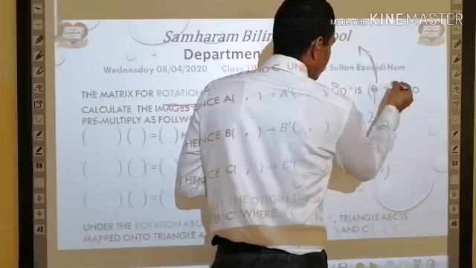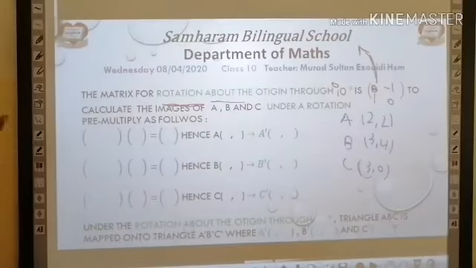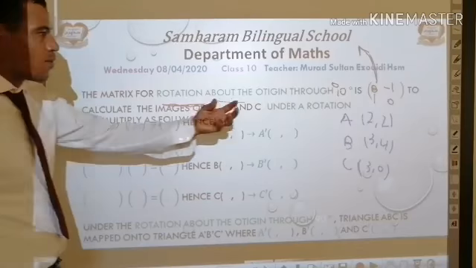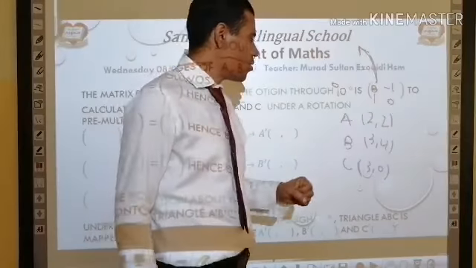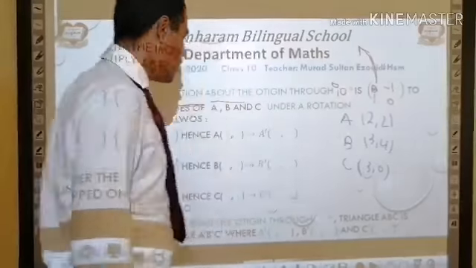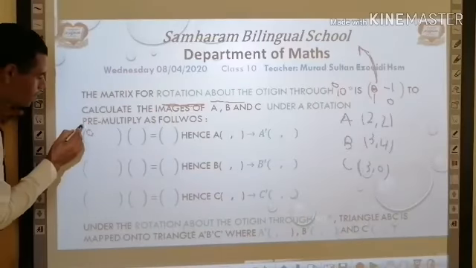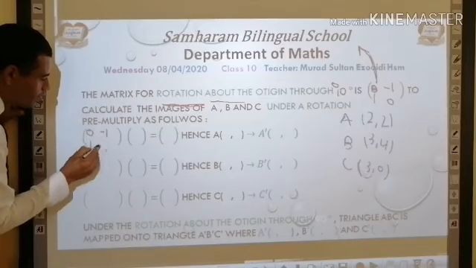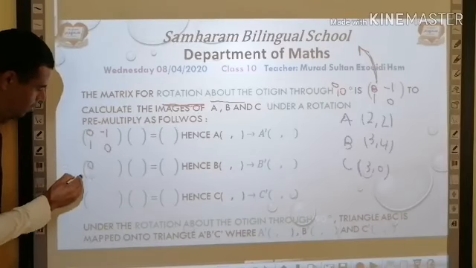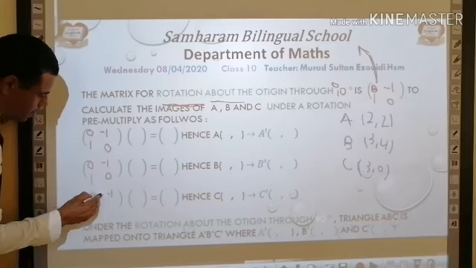Then the next will be negative 1, 0. This is my matrix for rotation about the origin through 90 degrees that transforms A, B and C to their images. So my matrix is 0, negative 1, 1, 0.